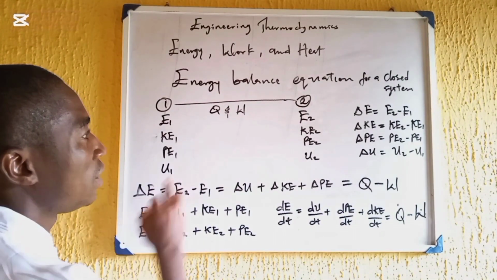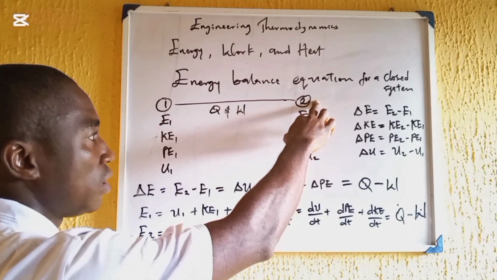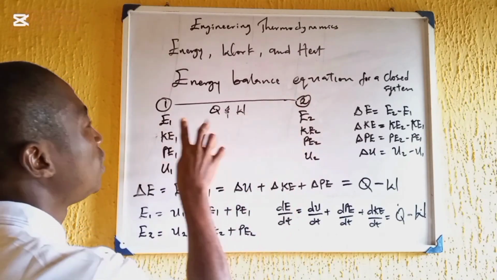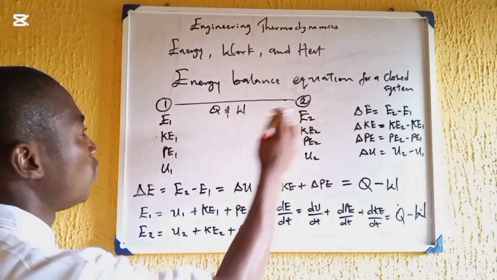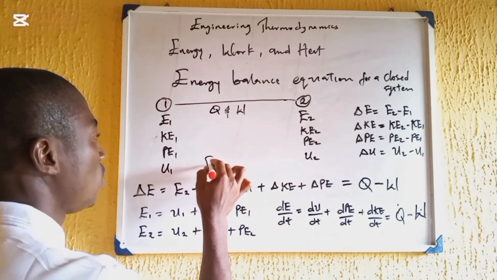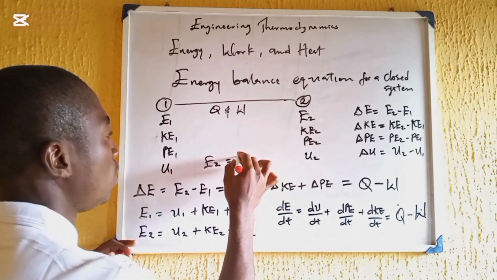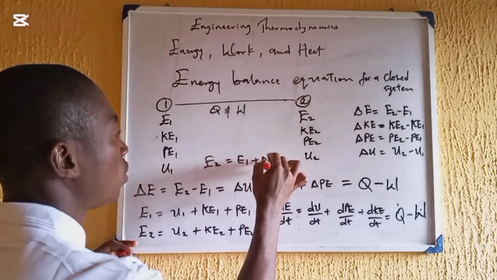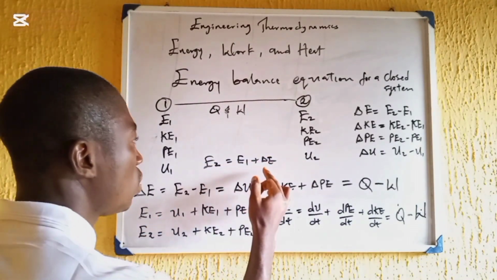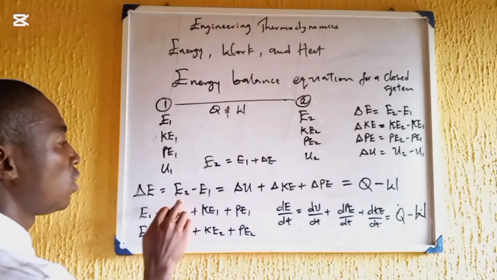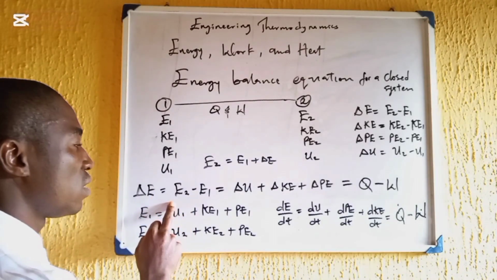It does not mean the energy at state 2. Please take notes. It's talking about the difference in both energies. So if we want to get the energy at state 2, E2 would be E1 plus change in E. That will give us our E2.